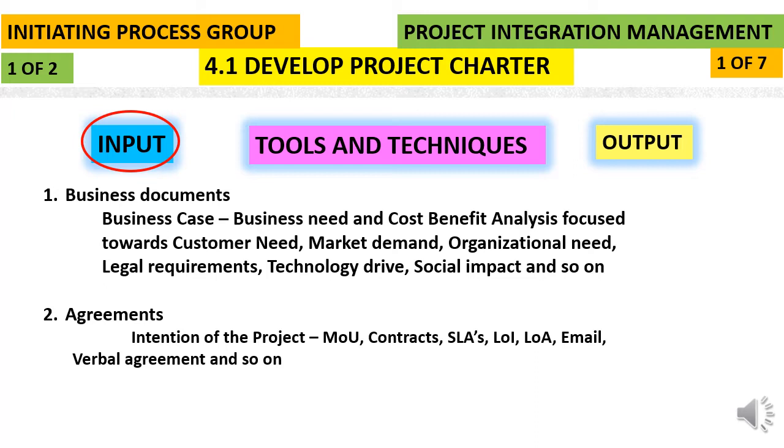The first one is business documents, like the business case. The second one is the agreements. The third one is enterprise environmental factors. And the fourth one is organizational process assets. So we'll go one by one in detail.